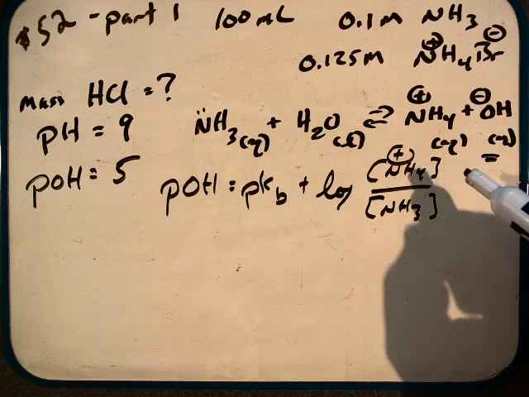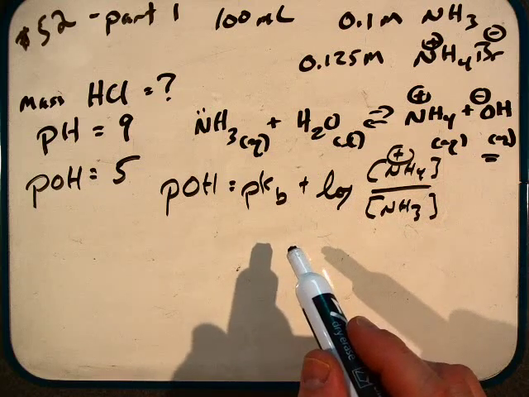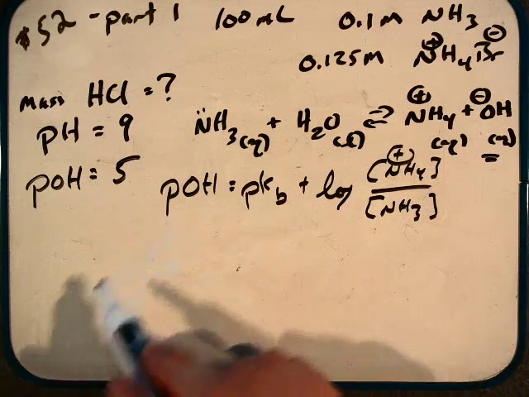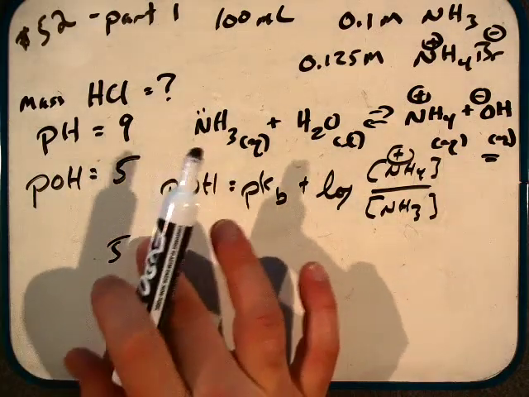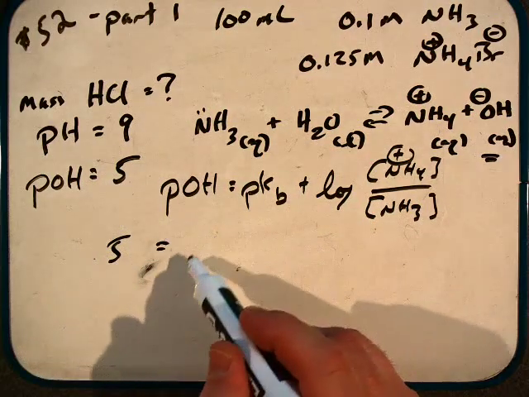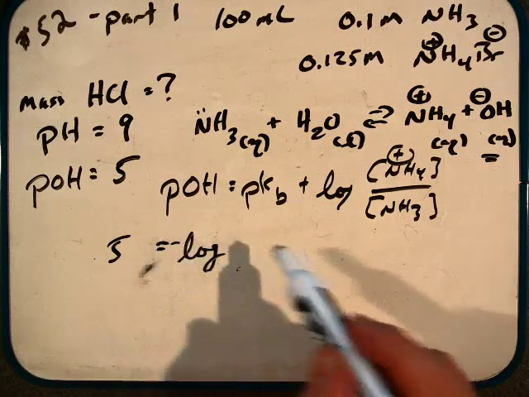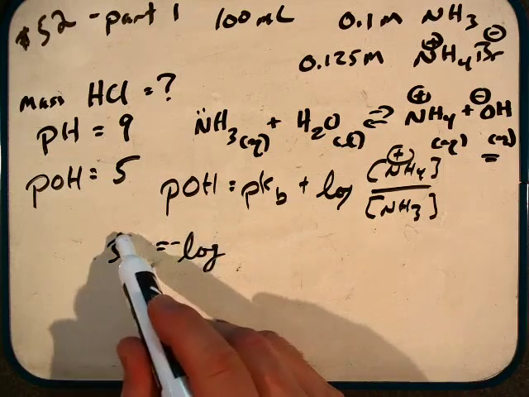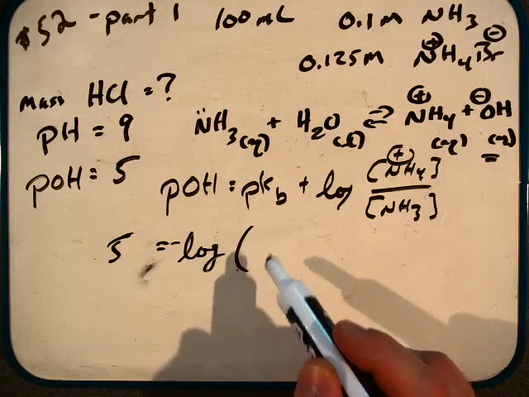So if we start to plug in our values, we would have a pOH equal to 5. That would be equal to our pKb, and so we'd have to take the negative log of our Kb.